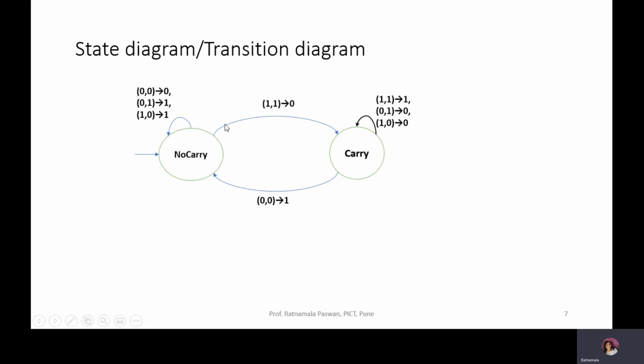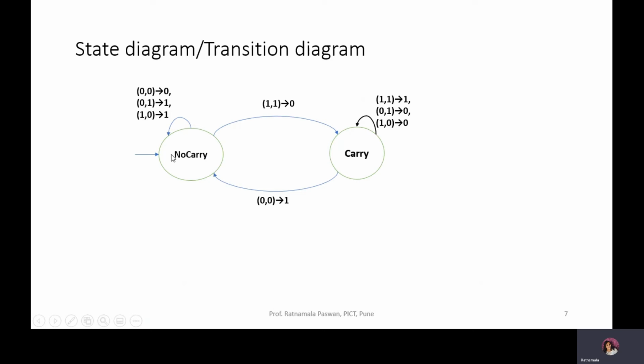Again, this is a transition from no carry. You can find the arrows here, so it means this transition moves from no carry to carry. Here, you can see the arrow; this is called a self loop. When the machine is in the carry state and these are the inputs, the machine remains in the same state, so it is shown by the self loop. And again this transition goes from carry to no carry.